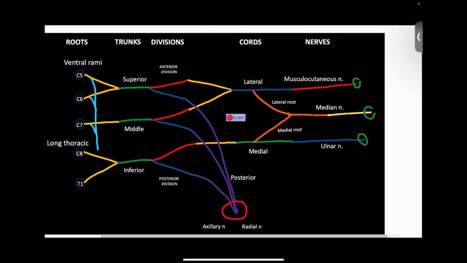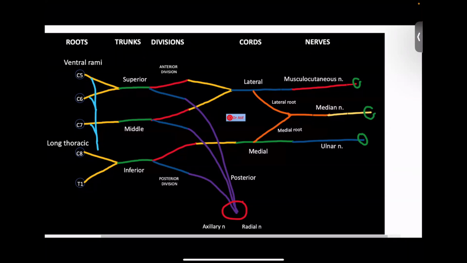What I did in my MSK exam, I just drew it. And it was really, really helpful for me in the MCQs because then I didn't need to recall, oh yeah, musculocutaneous was this. I just referred to the diagram and I went back, that's it.